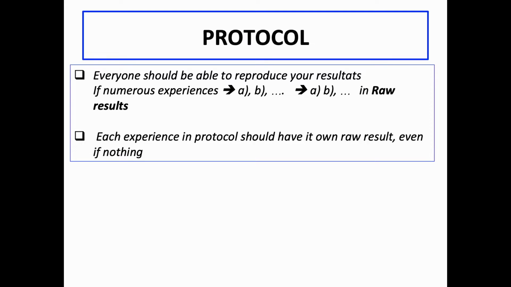Even if you have nothing, remember that nothing as a raw result is also a result. Okay? So it means that you should put A, B, C, and then you add no result, or no significant results, or no significant alignment, something like that.